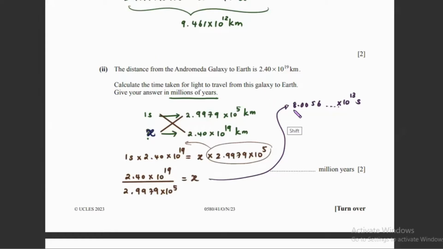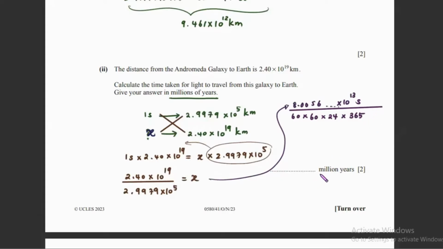So I need to divide this answer that I got here by 60 to convert it into minutes, 60 again to convert it into hours, by 24 to convert it into days, and by 365, not 365.25, but 365 to convert it into years.